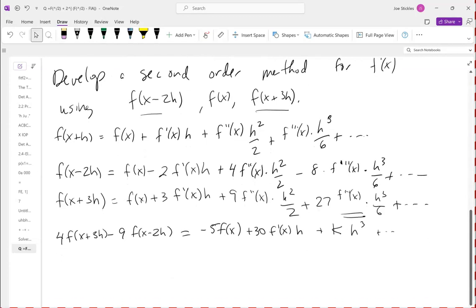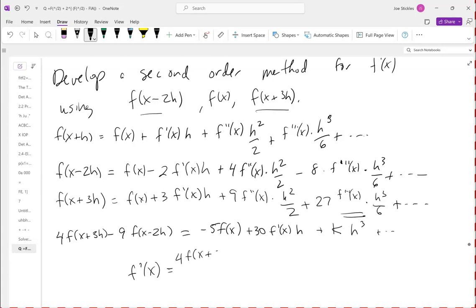So now what do we get when we solve for the derivative? f(x+3h) minus 9 f(x-2h) plus 5 f(x).